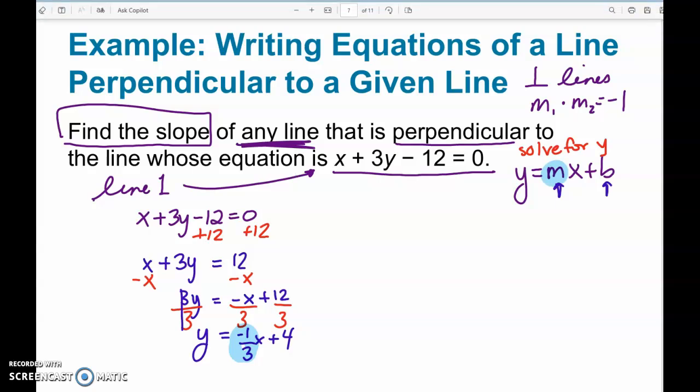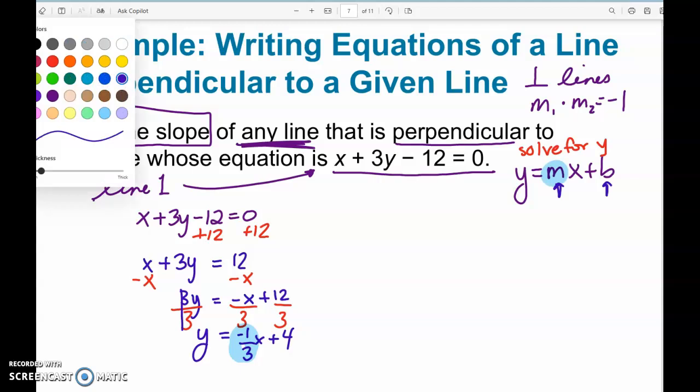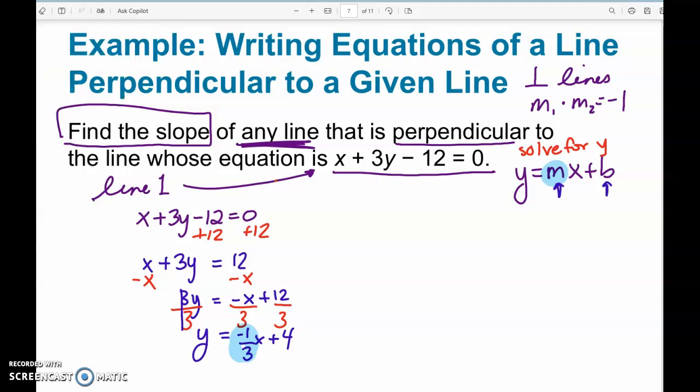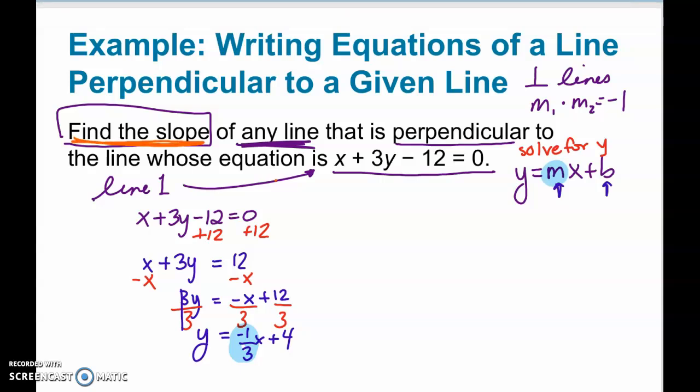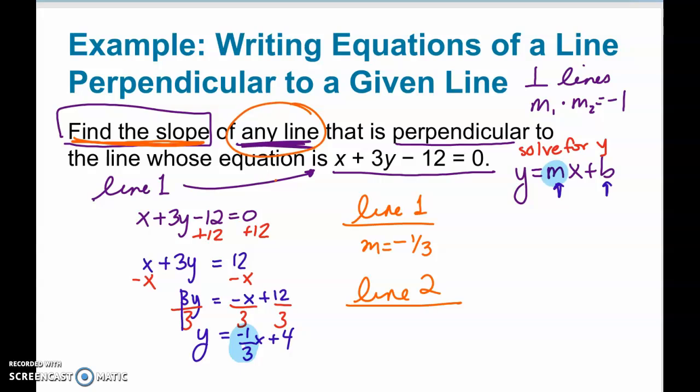Now, the question here did not ask us to find the equation, but it said to find the slope. So let's answer what the question is asking us. If line 1 has a slope of -1/3, then line 2, and it says any line, not just one line, anything that's perpendicular, would have a slope that is the reverse, the inverse or reciprocal of this.